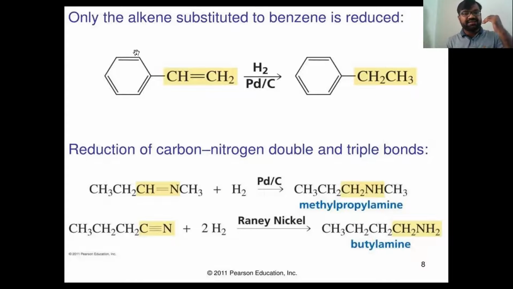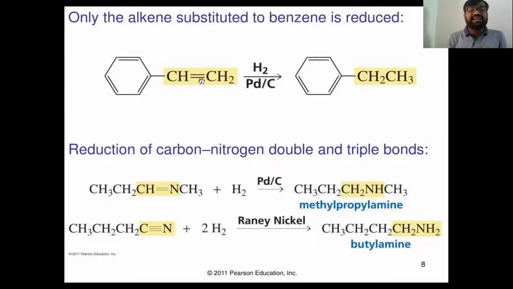Let us say if it is oxidized or reduced, then what will happen? It will lose its aromaticity. For benzene, its aromaticity is everything. Similarly, this benzene ring is difficult to reduce, but a carbon-carbon double bond can be easily reduced.